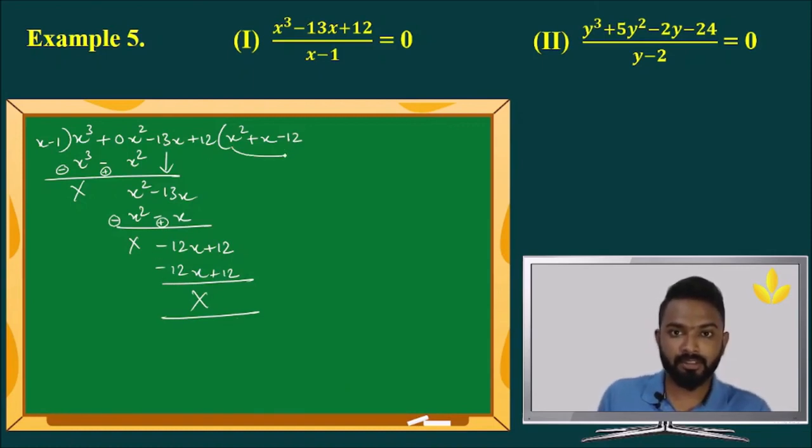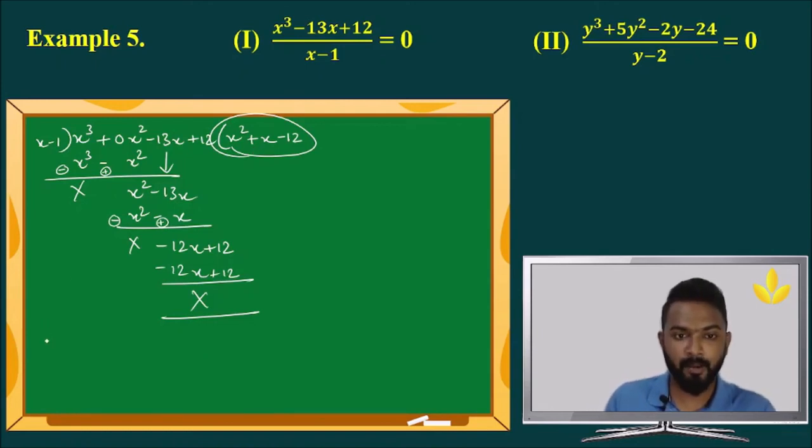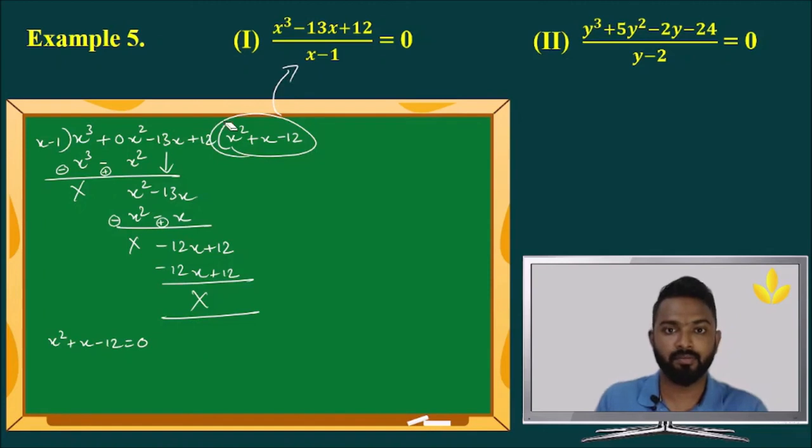So this is what you need to solve now. Let's do that quickly. We have x square plus x minus 12 equals 0. This is the value of this. So all we have to do is 3 and 4 obviously.